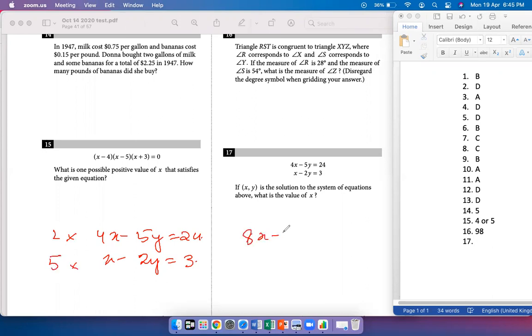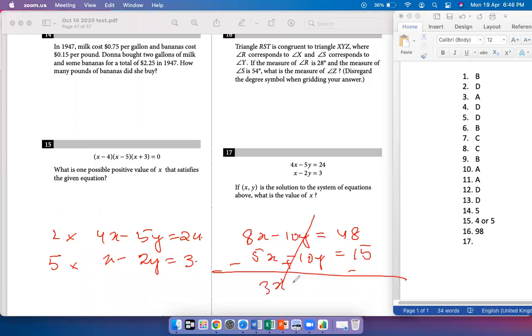So 8x minus 10y is 48 and 5x minus 10y is 15. And then I subtract the two, so minus plus minus. This goes, so 3x is 33, so x is 11. So the value of x is just 11 here.